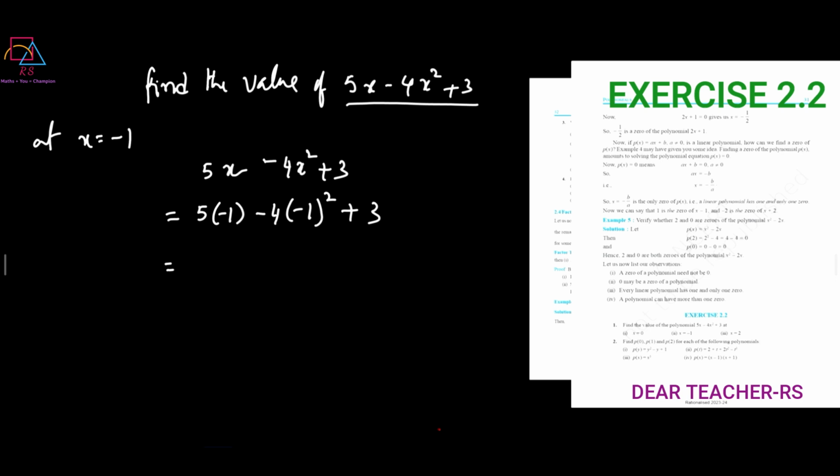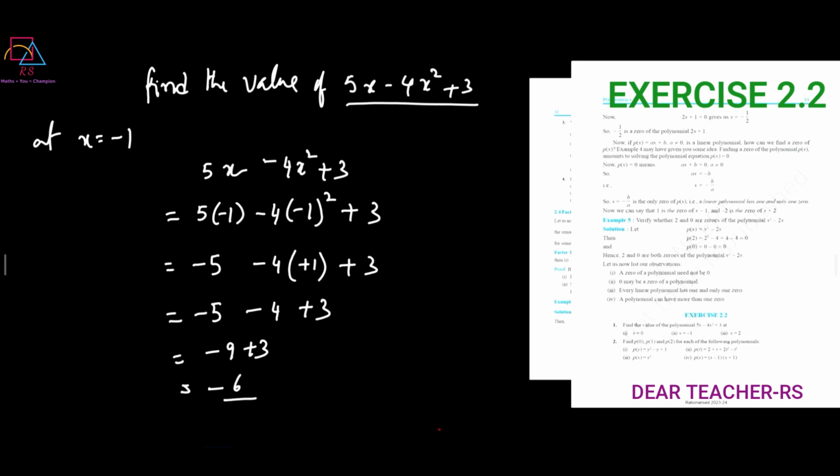So now 5 into minus 1, it is minus 5 because 5 is having plus sign. Then minus 4, and minus 1 whole square is nothing but plus 1, and plus 3. So then what happens? Minus 5, minus 4 into plus 1, and plus 3. So both are minus, it is minus 9 and plus 3, minus is more, so minus 6. This is the second bit. Third bit you can do by yourself.